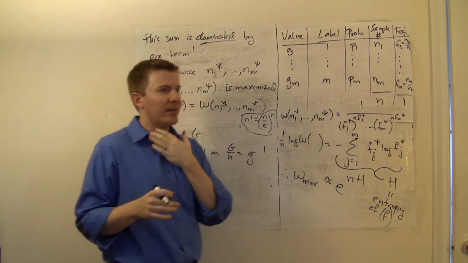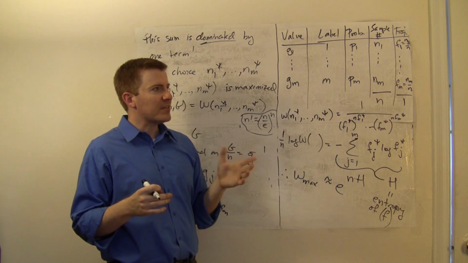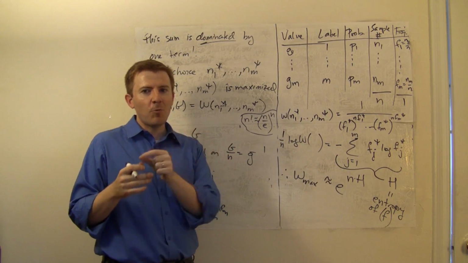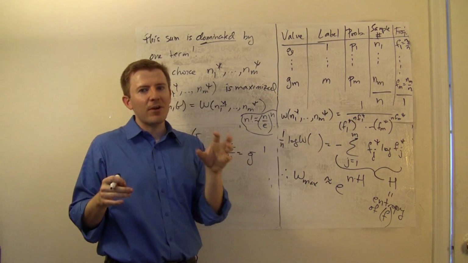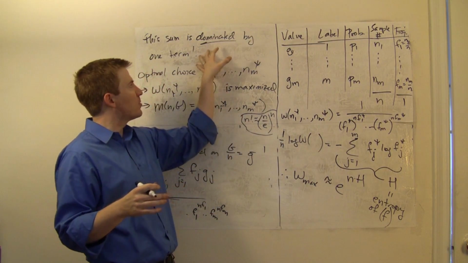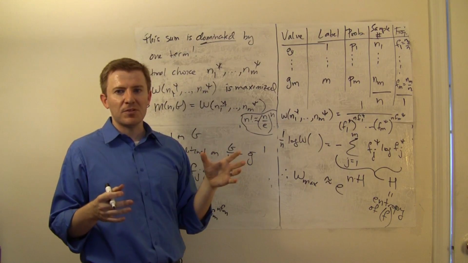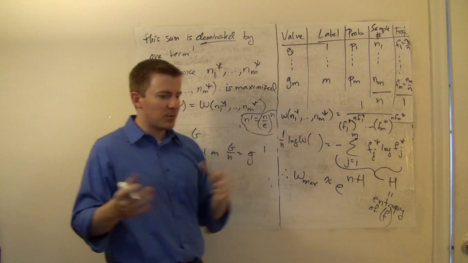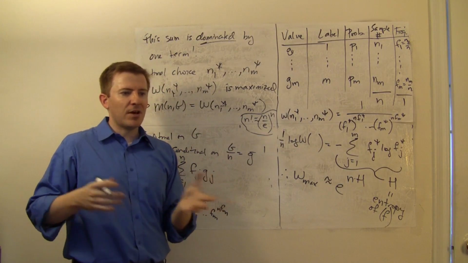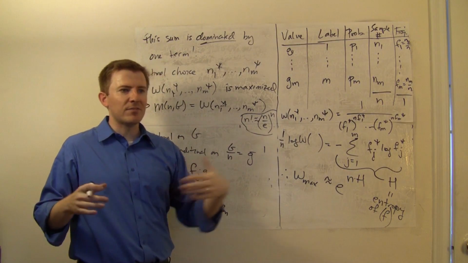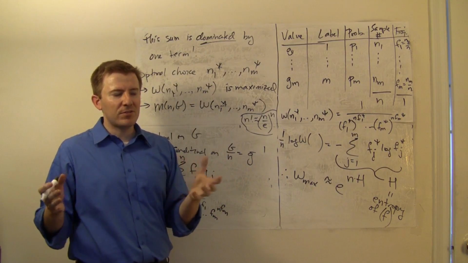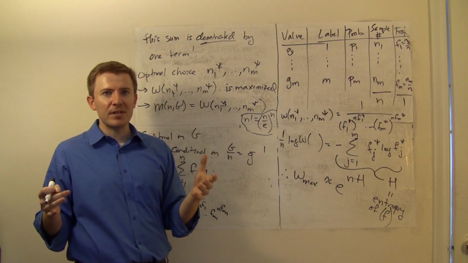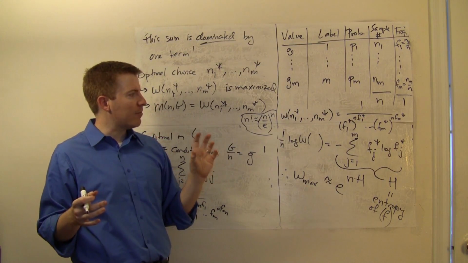Like in the example I was just saying, the possibility that we have 1,000 3s in a row, since there's only one way you can write that sequence, is very improbable, starting from the position where all possible sequences are equally likely. Whereas sequences that have equal numbers of 2s and 1s and 4s and 5s have many more ways of being written out, a much higher multiplicity, so they have a much higher probability.